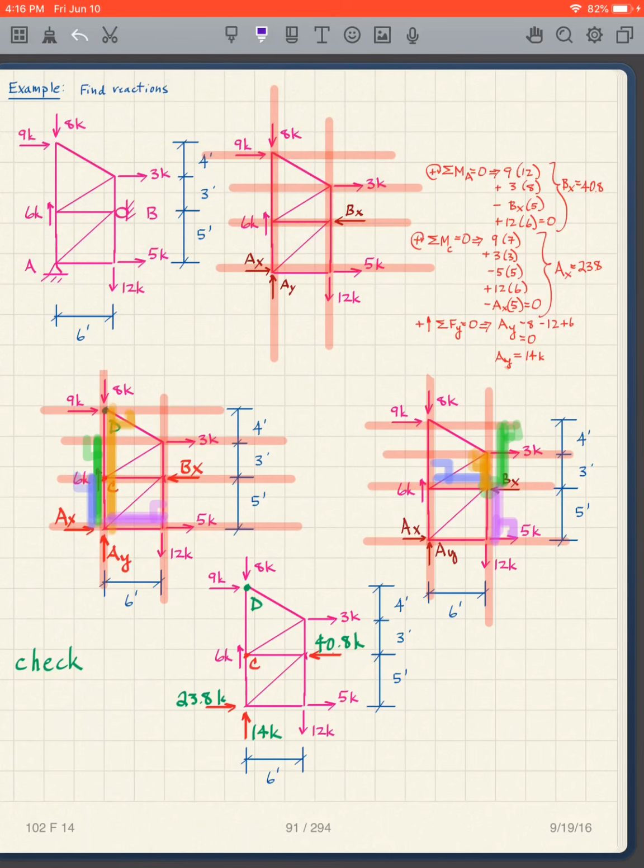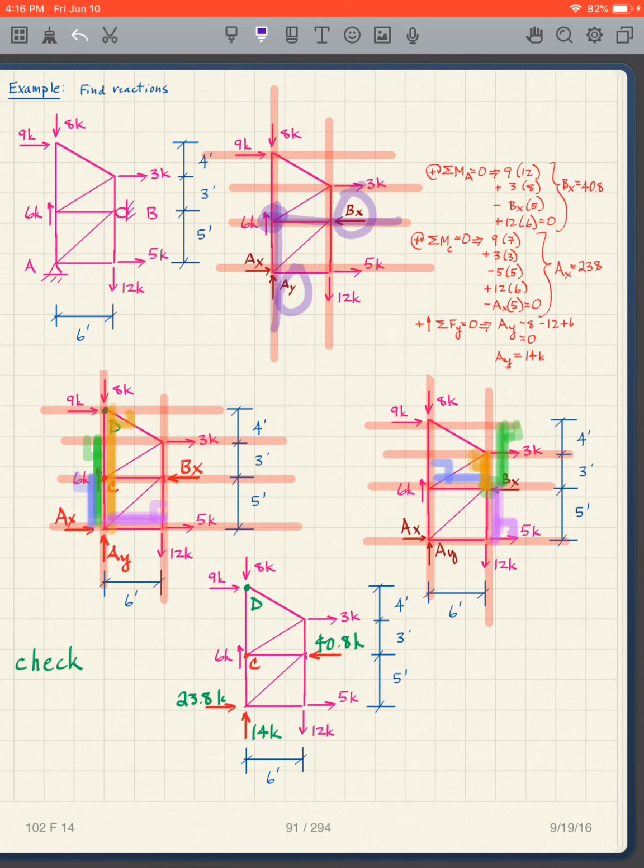So I did this one deliberately to show that the BX and the AY lines intersect at a point way out in here. Well, the trick is to get rid of the unknowns. I just got rid of 2 unknowns, AY and BX, by choosing that point.